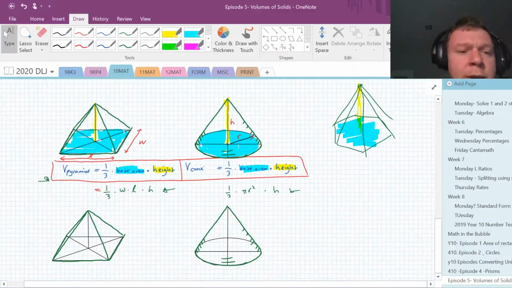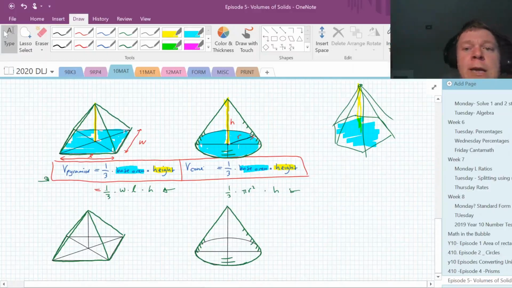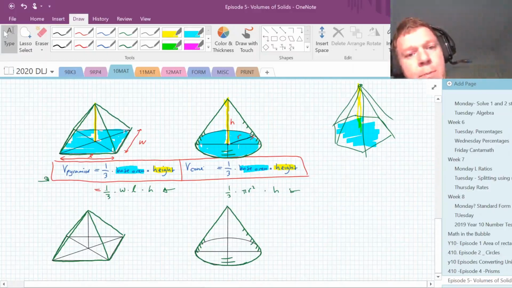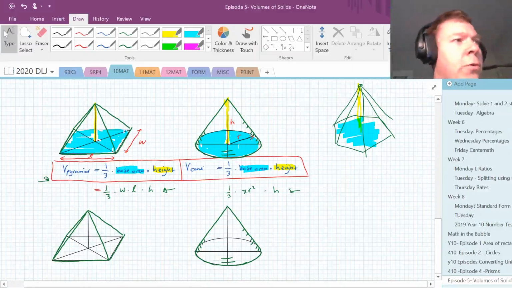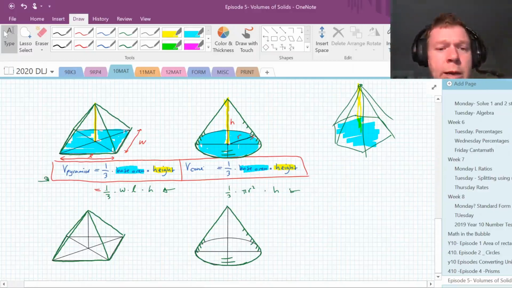But generally you only get pyramids and cones at year 10 or even at many other levels. But that third, it actually works for any sort of shape that's been coned up to the top.